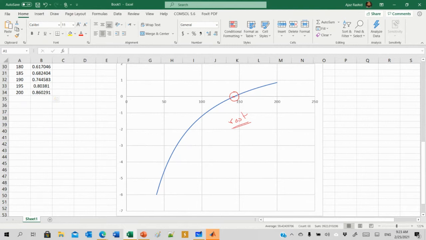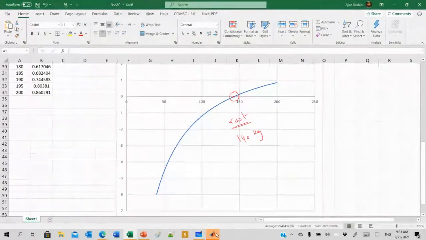Let's say it seems around 140 kilogram. It's less than 150, so let's say 140. So that's the maximum allowable mass for the person, so that he does not have the risk of the injuries. Okay, so that's the graphical approach, how you can plot the function and find a quick solution.